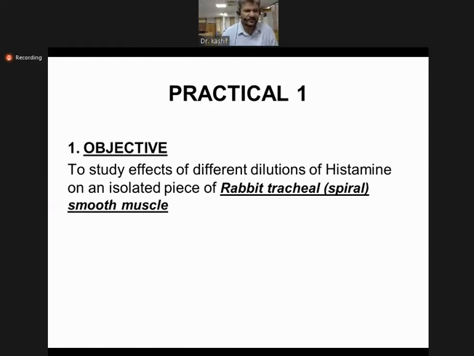The model we use here is the rabbit trachea. So we use an animal model, the rabbit, and the smooth muscle of the rabbit trachea is used to observe this study. So this is an animal model to observe bronchoconstriction. This is the objective for practical one.